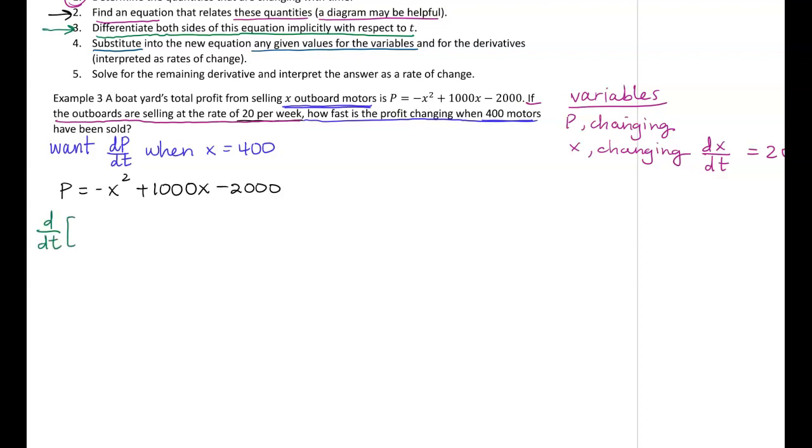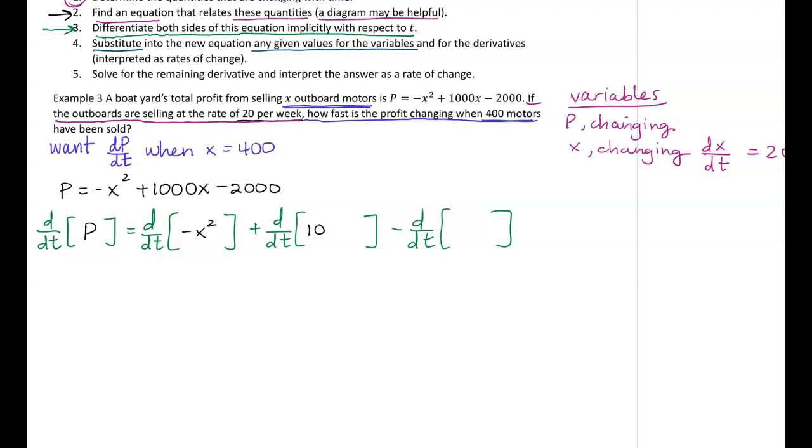So we're taking d/dt of every term that is in this equation. I'm just going to set up my d/dt's, and then we'll put each term of the equation on the inside of this. On the left side, there's a P. Right side, there's a negative x squared, there's 1000x, and then there's a 2,000. I already put that minus sign right there for the negative 2,000.